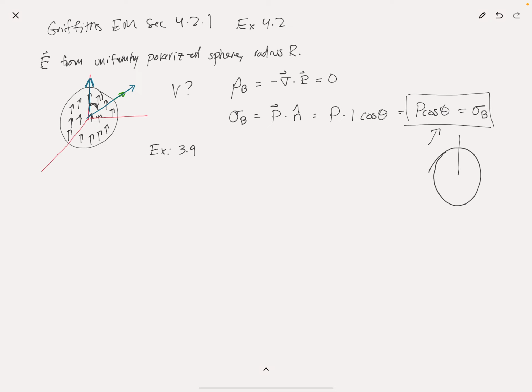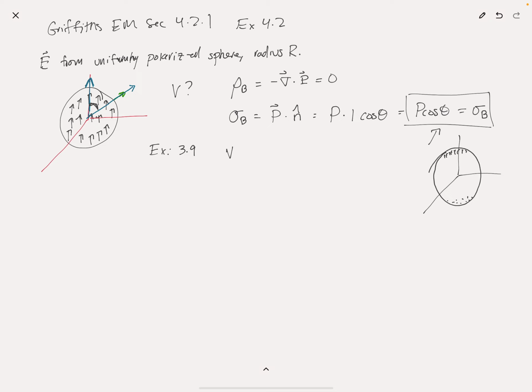When theta is 0 at the North Pole, you have a lot of positive charges. At the bottom, when theta is pi, cosine of pi is -1, so we have a lot of negative charges. It looks kind of like a big dipole: a lot of negative charges at the bottom, a lot of positive charges at the top.